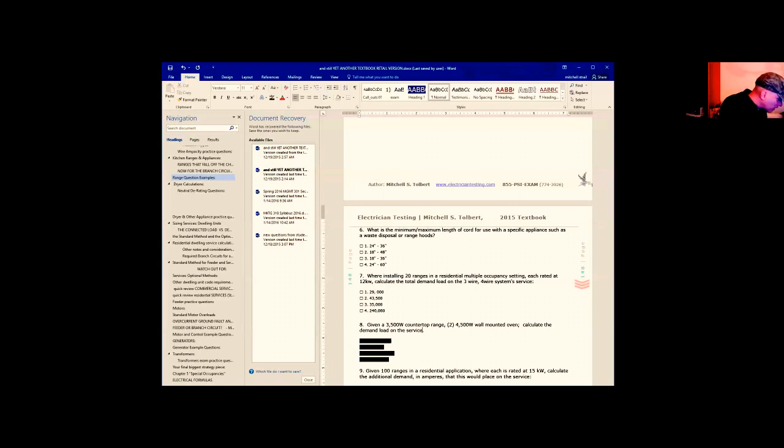That'd be the demand on the service based on those same numbers. All right. As a branch calculation, what would you have? So I'm just going to put your service down here as a note: 6,875 watts. And then as a branch, what would it be?